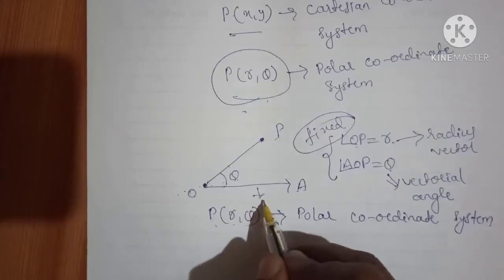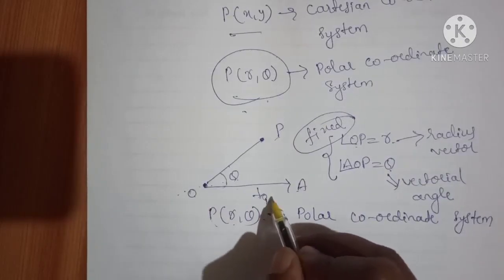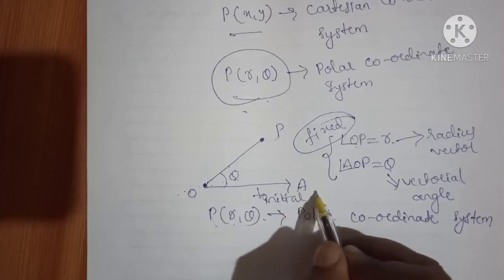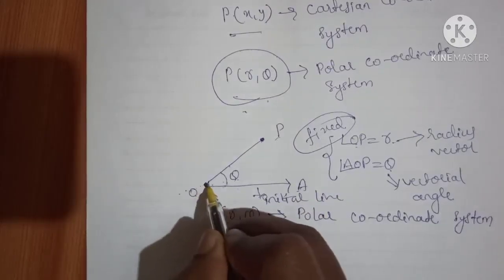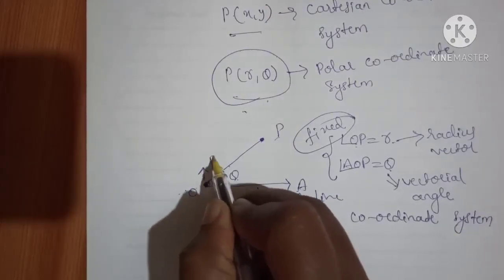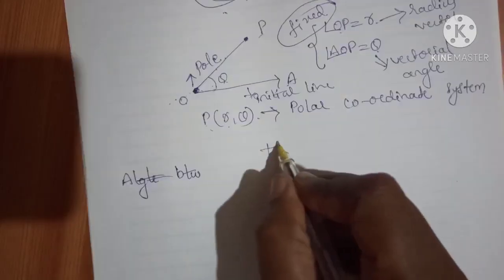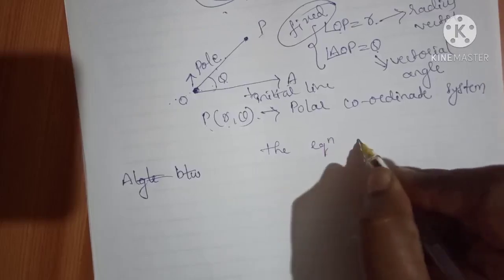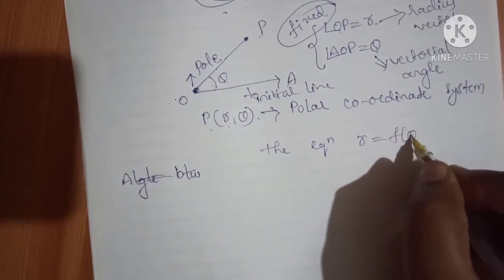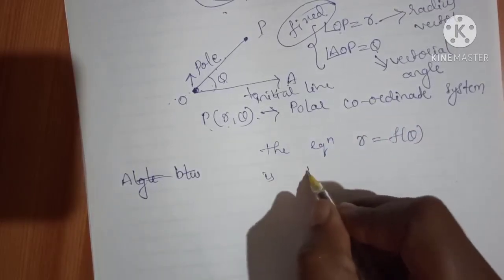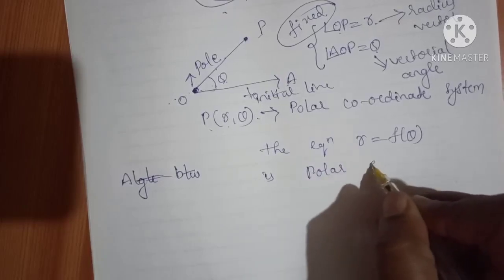This line is called the initial line, and this fixed point is called the pole. The equation r equals f of theta is called a polar equation.